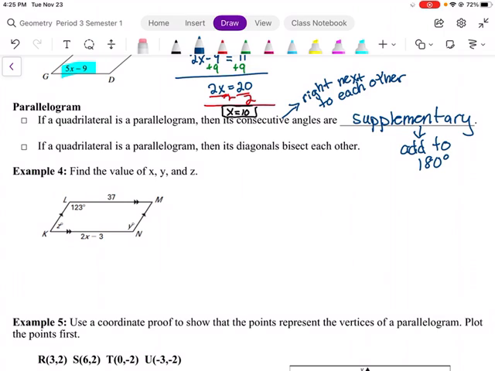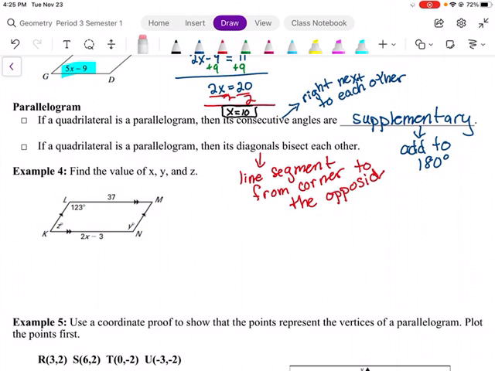And the last property of parallelograms that we're going to cover is if a quadrilateral is a parallelogram, then its diagonals bisect each other. And a diagonal is a line segment from one corner to the opposite corner.